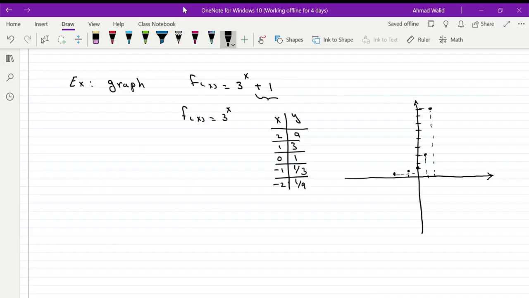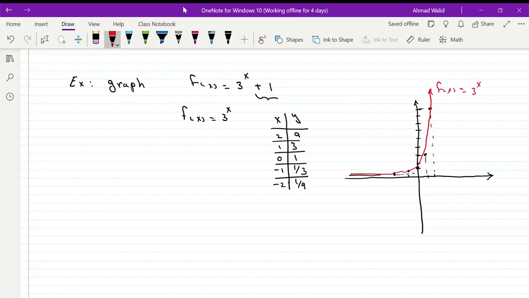And let me change the color, just connect these points, and this will be the graph of f of x equals 3 to the power of x.